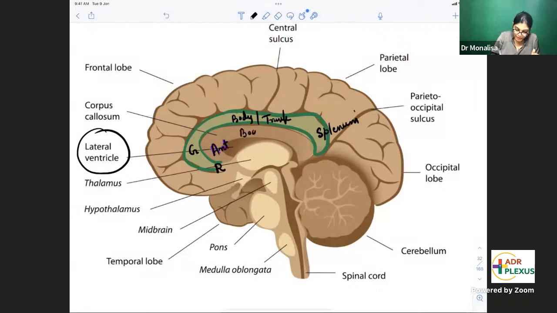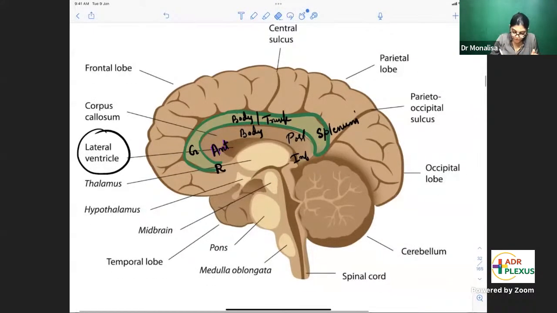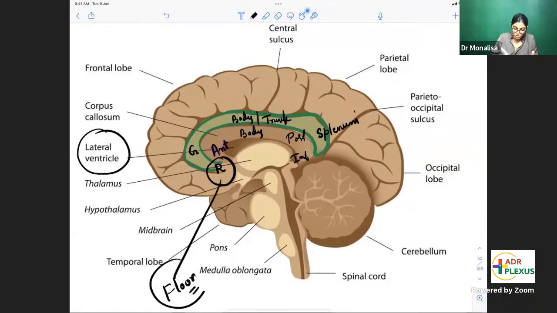This will be the body. This will be the posterior horn, and here will be the inferior horn. Now we are talking about the anterior part of the lateral ventricle, the anterior horn floor. Can you see this R structure, the rostrum of the corpus callosum? It forms the floor of the anterior horn of the lateral ventricle.